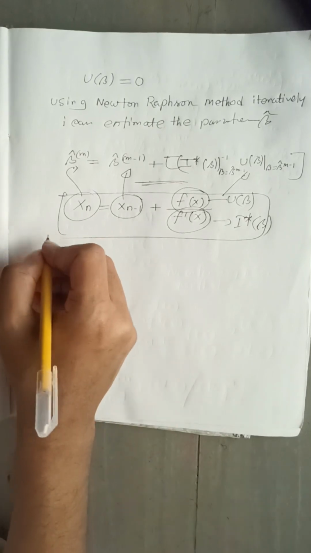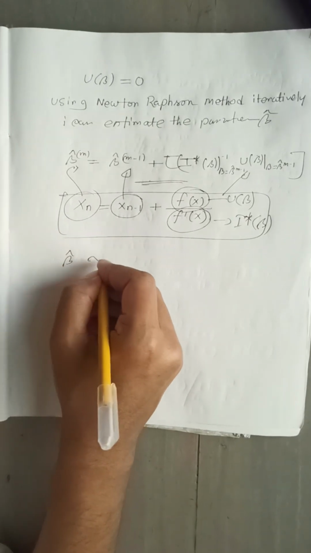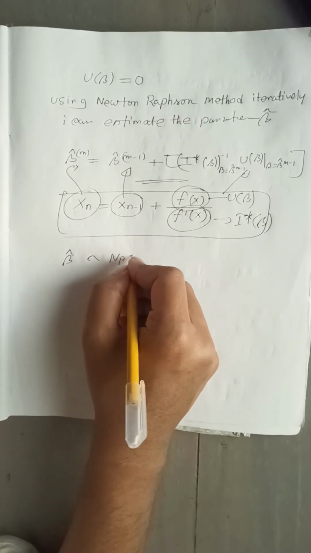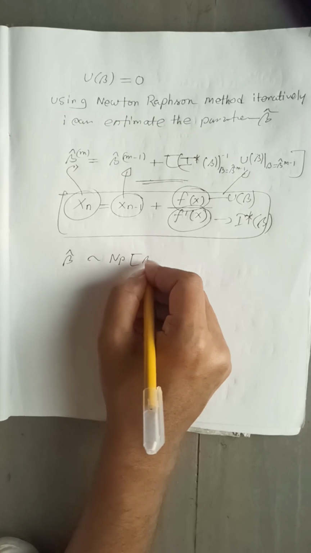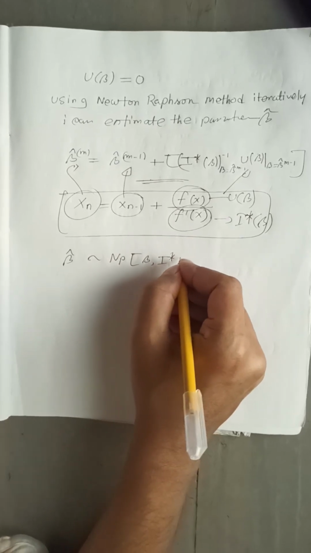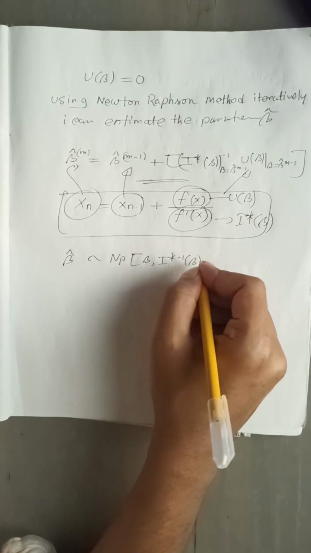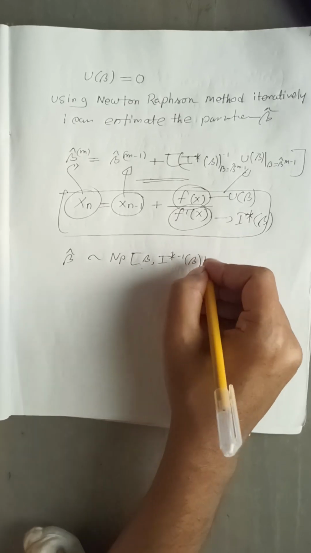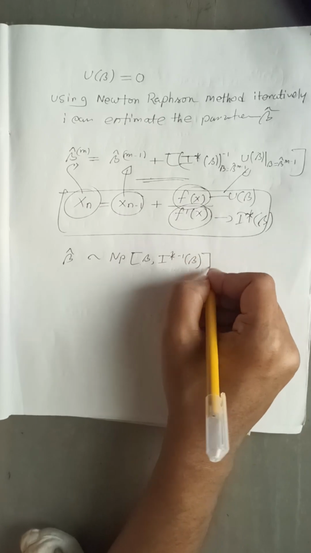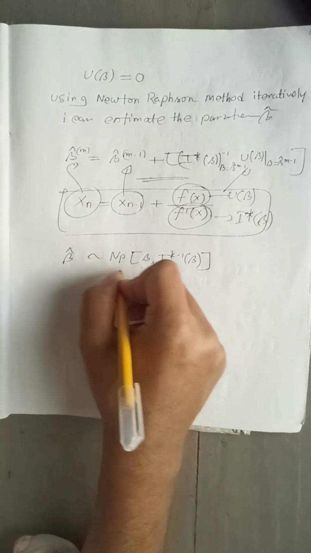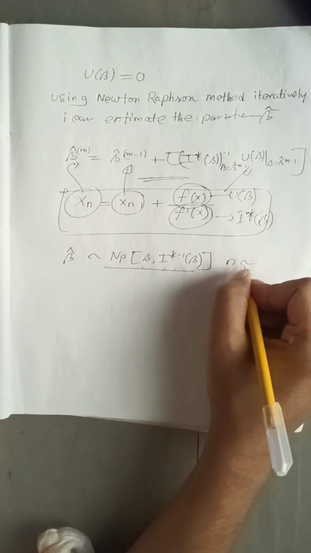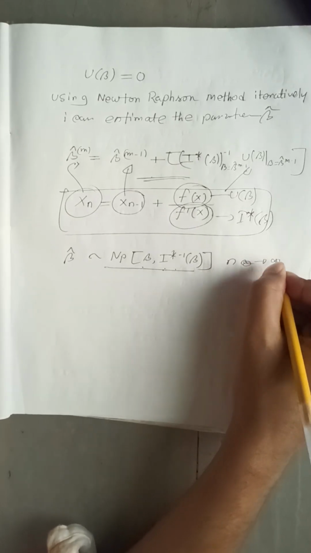So now there is an important fact. Beta hat can be multivariate normal, p-variate, as it is p-dimensional. So beta hat is normal with mean parameter beta and variance I star inverse of beta, because it comes from the properties of the normal distribution. And it will be normal when n tends to infinity.